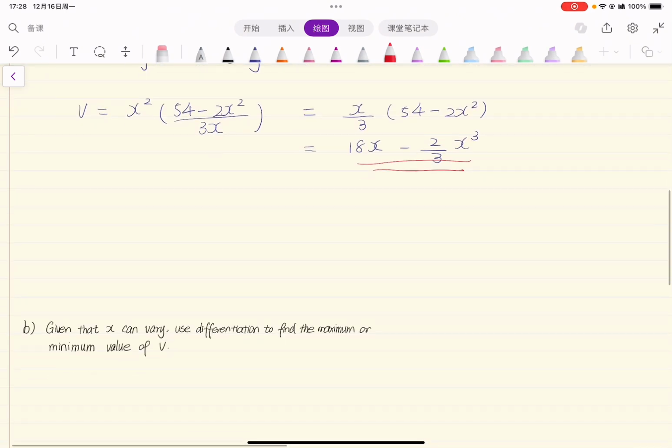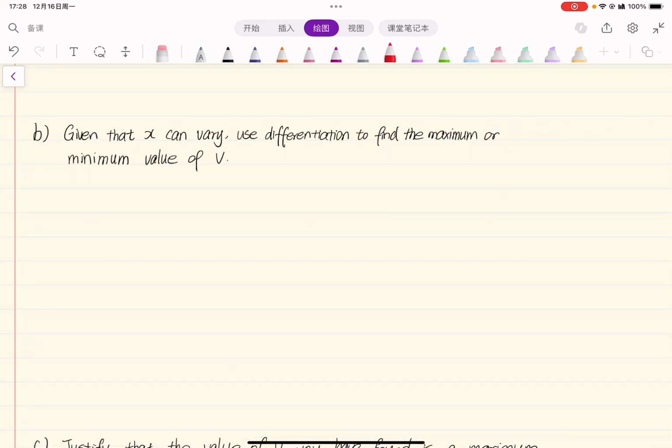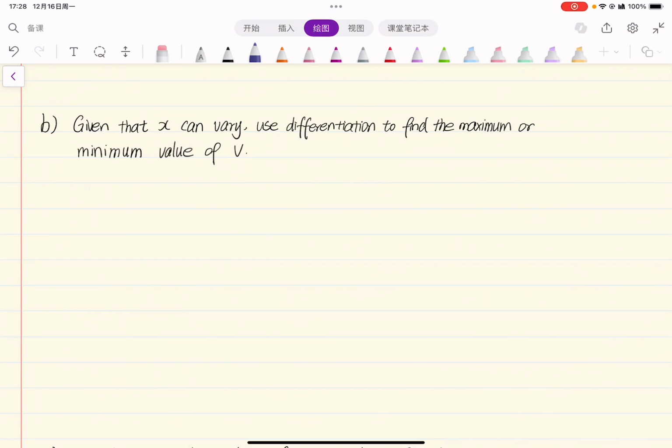Now let's move on to see part B. Given that x can vary, use differentiation to find the maximum or minimum value of V. So from part A, we know that the expression of V is V equals 18x minus 2 over 3 x cubed. Now we use differentiation to get the gradient, that is dV over dx equals 18 minus 2x squared.